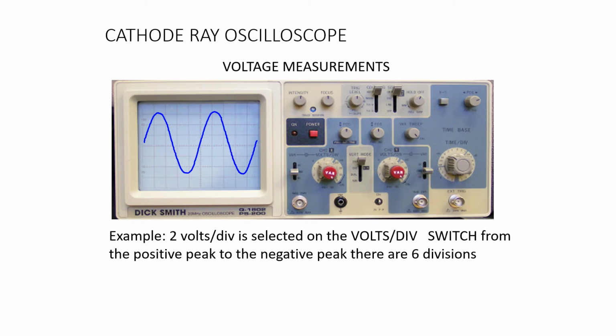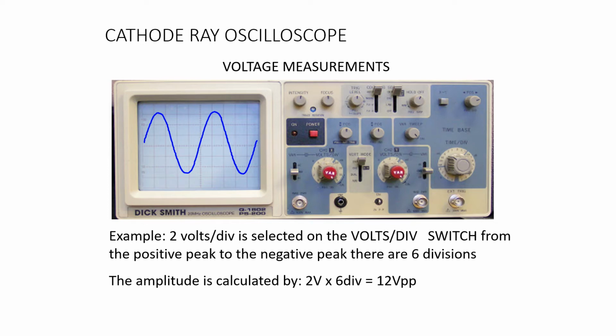Next, to measure an unknown voltage, you connect the signal voltage to be measured to one of the channels, either channel 1 or channel 2, and adjust the volts per division switch in such a way that you observe a waveform so that the calculations are easy to make. Supposing the volts per division control is at 2 volts per division, then from positive peak to negative peak we have 6 divisions.